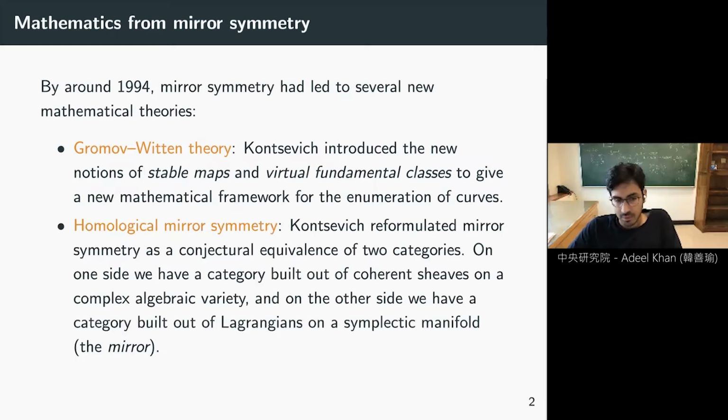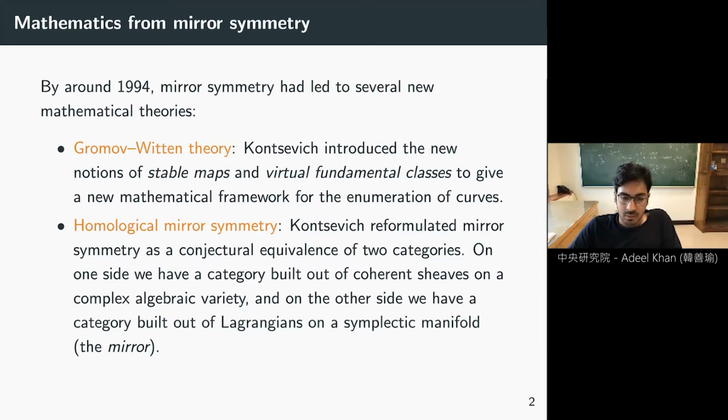The second new theory introduced by Kontsevich, also around 1994, is the homological mirror symmetry conjecture. So this uses the language of category theory. On one side, we can take a complex algebraic variety and look at the category, or the derived category, of coherent sheaves.